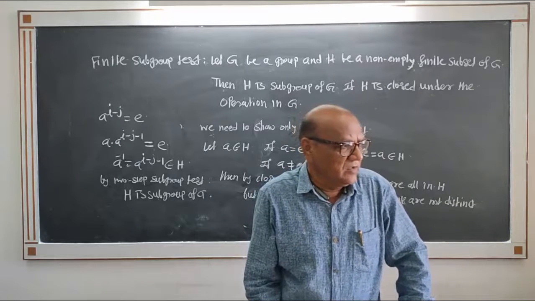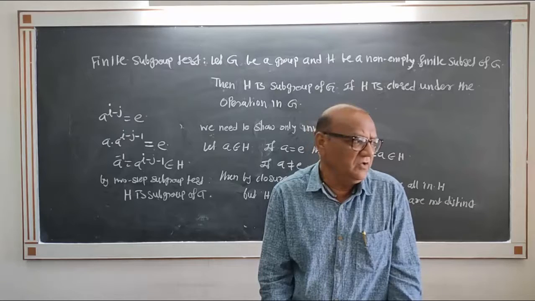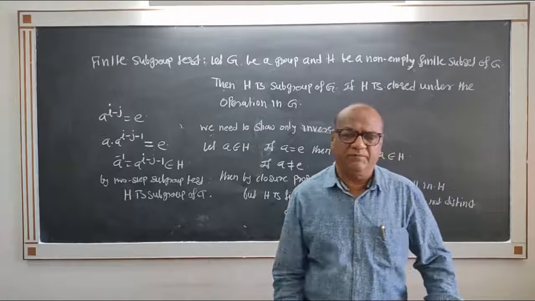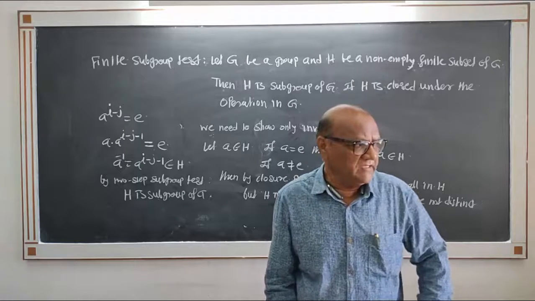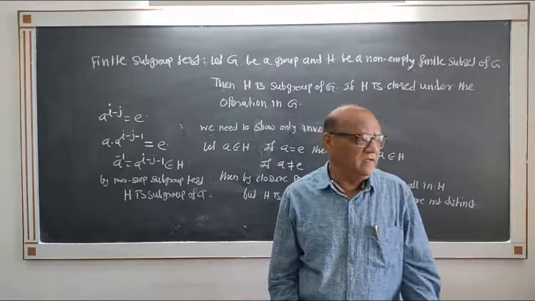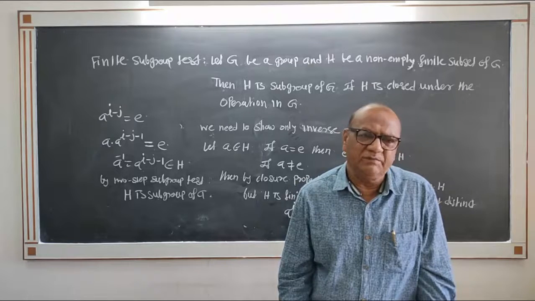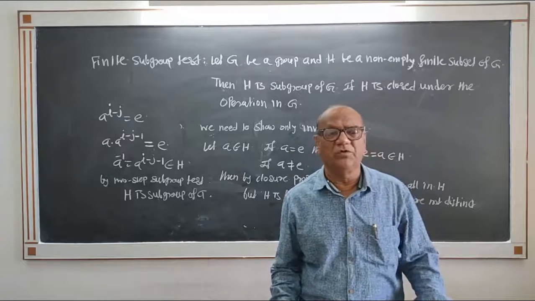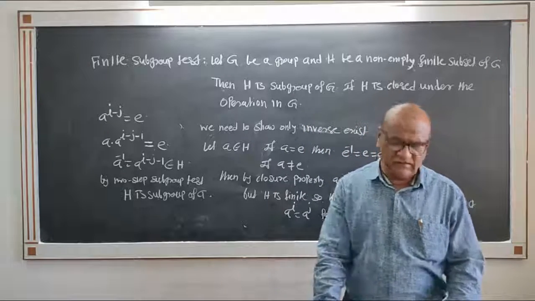In this case, we only need to show that if two elements belong to H, then AB inverse belongs to H. In the second, the two-step subgroup test, we show closure property is satisfied in H and the inverse of each element exists in H. And in the finite subgroup test, G is a group and H is a non-empty finite subset of G, we only need to show closure property is satisfied in H, then H is a subgroup.